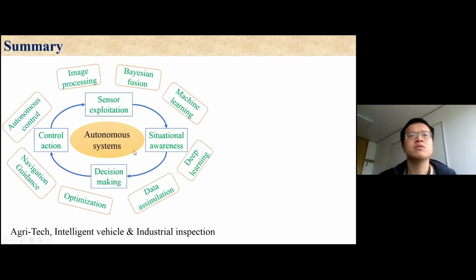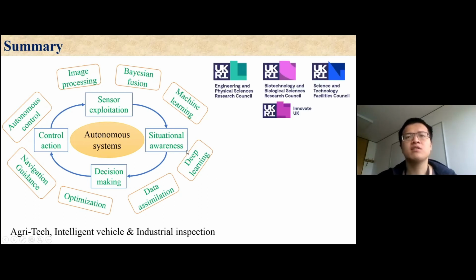And the techniques we use include image processing and data fusion for sensor exploration, machine learning and deep learning for situation awareness, data assimilation and optimization for decision making, and navigation, guidance, and autonomous control for control action. And the examples we are working on include agri-tech, intelligent vehicles, and industry inspection. And the research is funded by EPSRC, BBSRC, STFC, and universities in the UK.